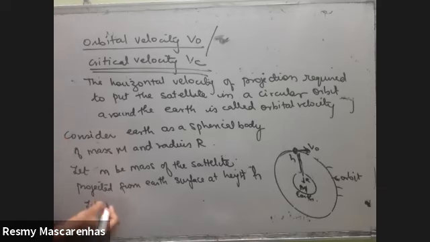Let v naught be the orbital velocity of the satellite.